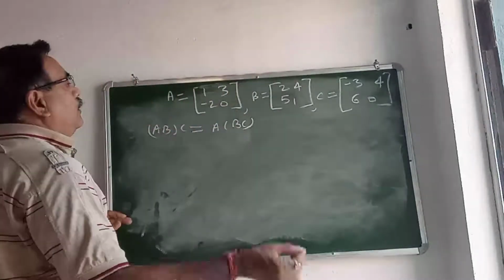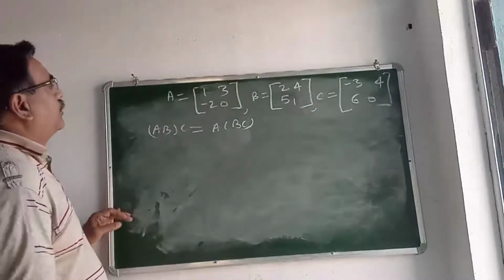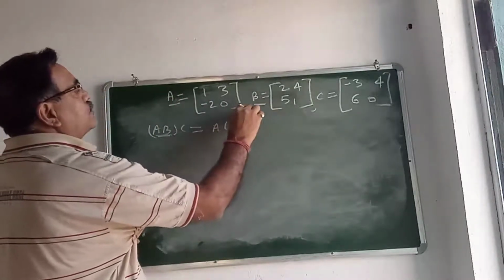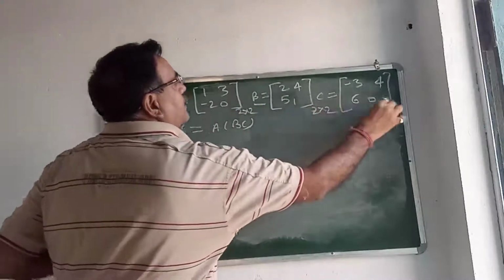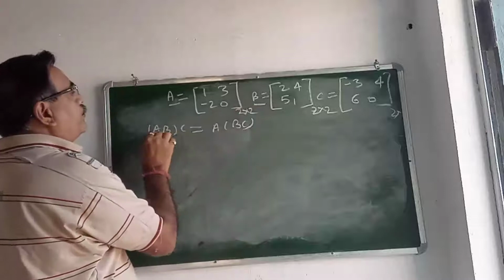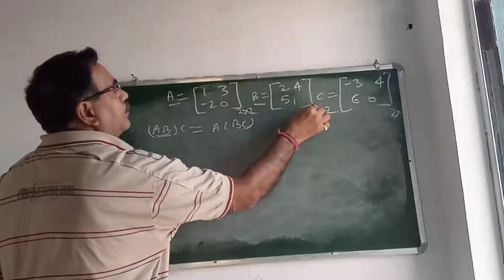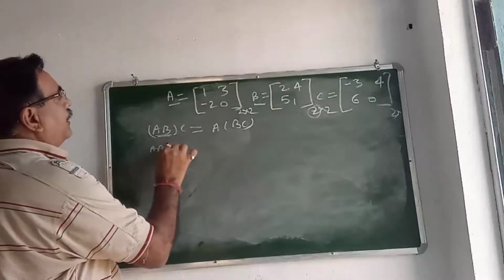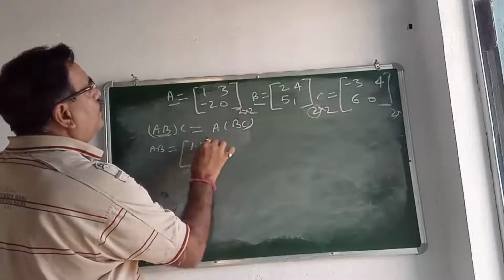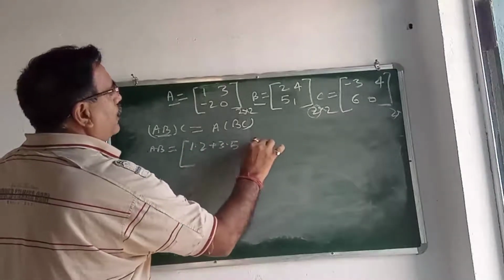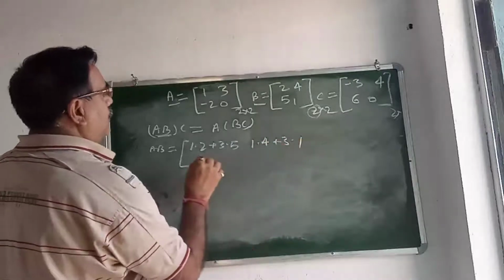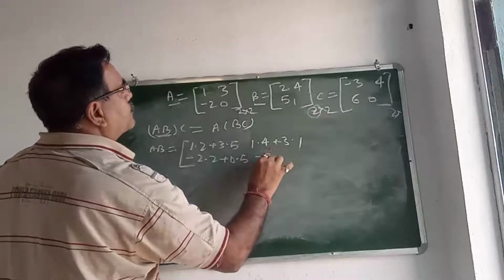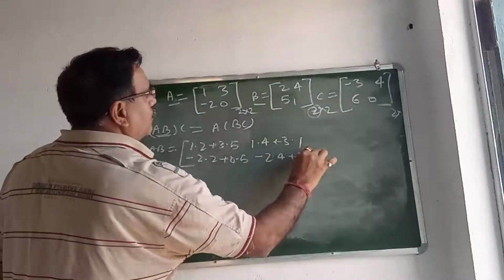So what we will do? First multiply A and B. This is 2 by 2, this is 2 by 2, and this is also 2 by 2. So the column of A is 2 and the row of B is 2, so multiplication is possible. How to multiply AB? 1 into 2 plus 3 into 5, 1 into 4 plus 3 into 1, minus 2 into 2 plus 0 into 5, minus 2 into 4 plus 0 into 1.